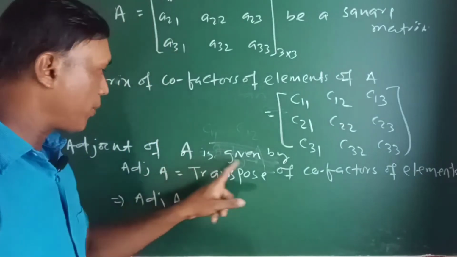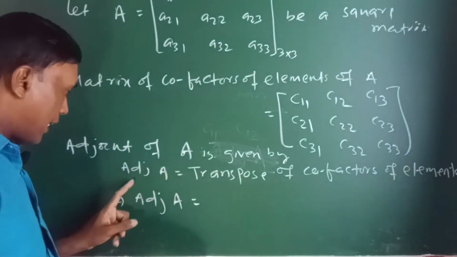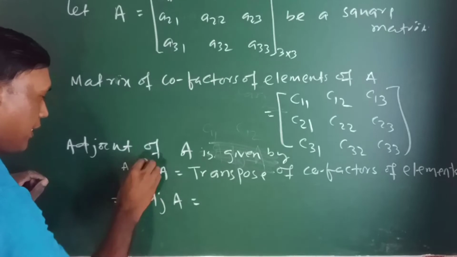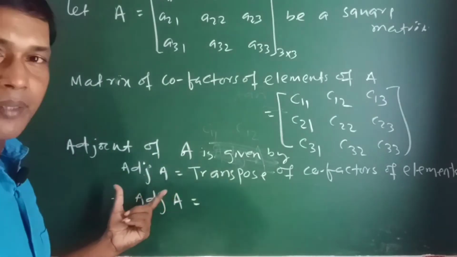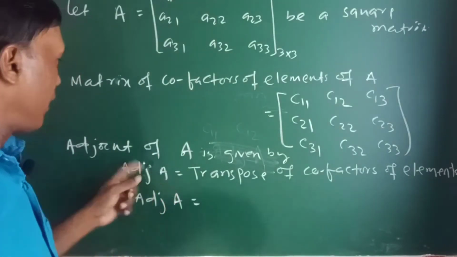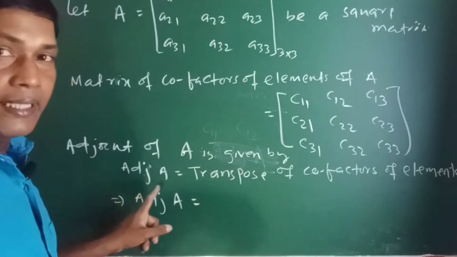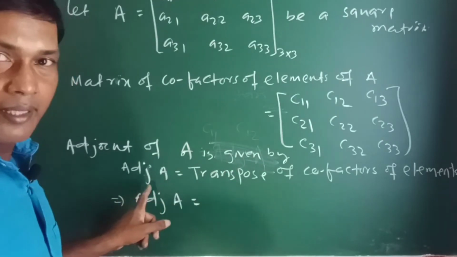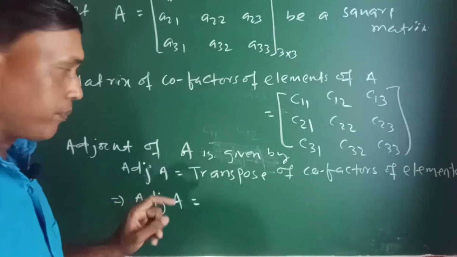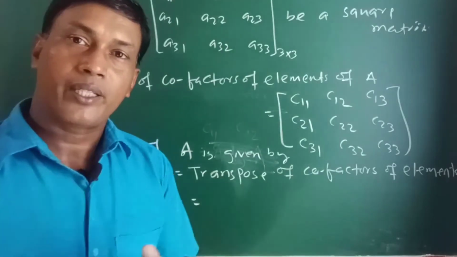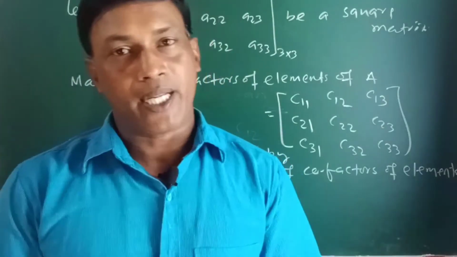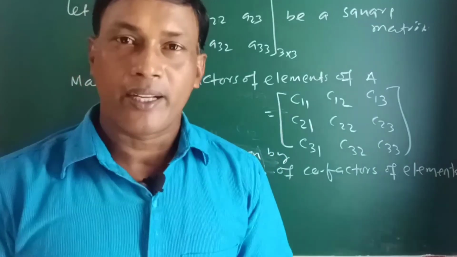Now the adjoint of A is written as ADJ A. This is the symbol of adjoint of a matrix, adjoint of matrix को हम ऐसे लिखते हैं ADJ A and this is read as adjoint A. And what is adjoint A? Adjoint A is also a matrix. ये भी एक matrix है, but कैसे मिलेगा?